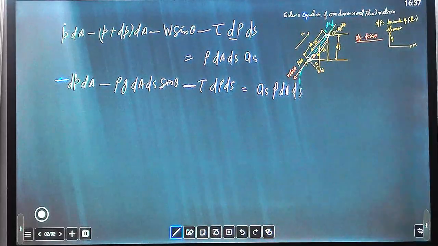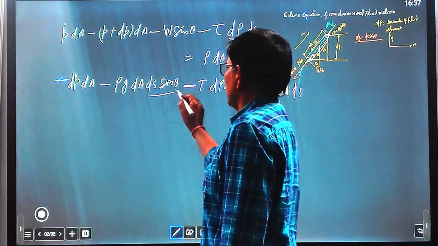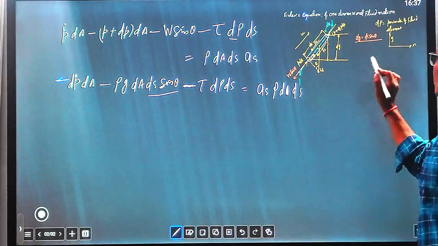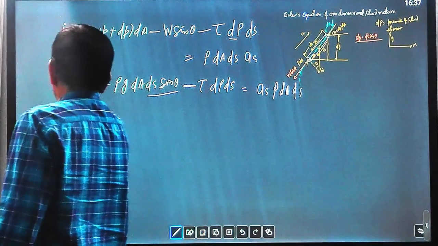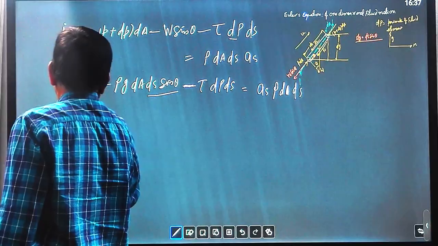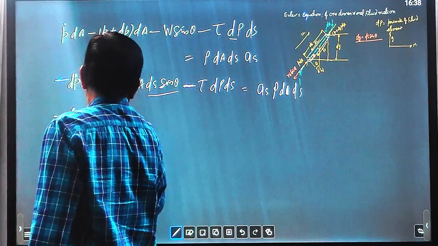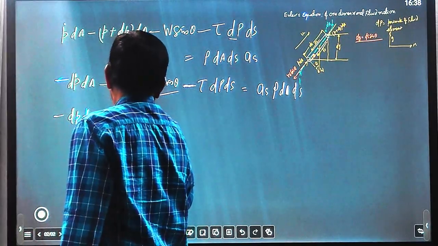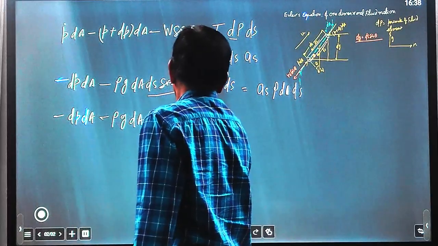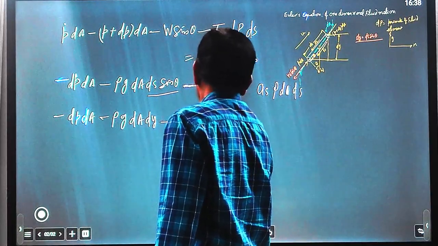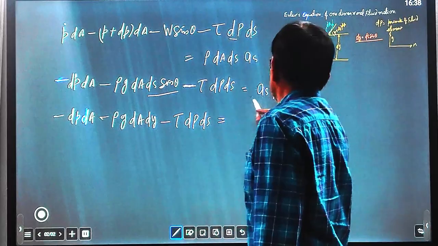Here one thing, that W sine theta, rho g dA ds sine theta, ds sine theta equals dy. Putting here: minus dP dA minus rho g dA dy minus tau dP ds equal to as rho dA ds.